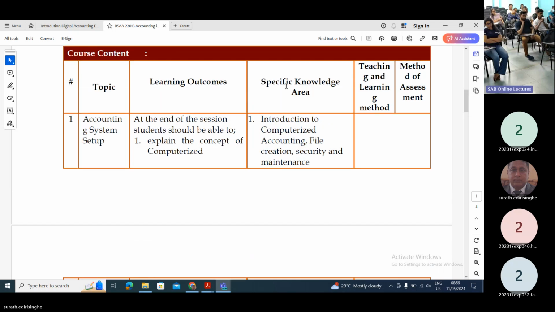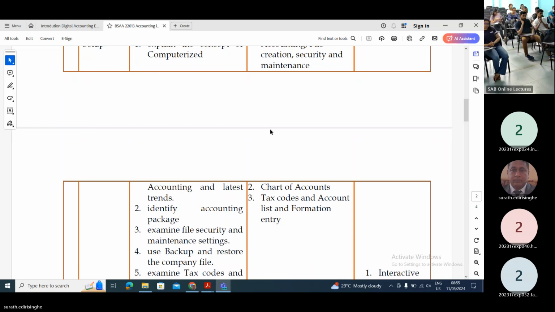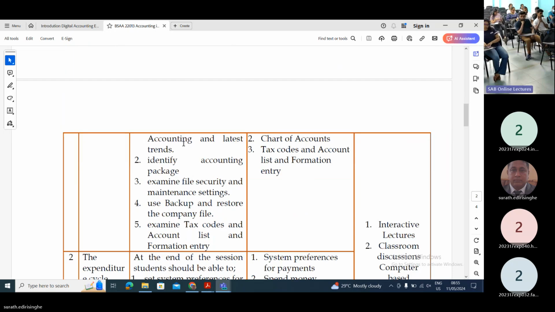What is the knowledge area? Introduction to computerized accounting, file creation, security system, and maintenance. Accounting and latest trends, the new trends in accounting software and the field.